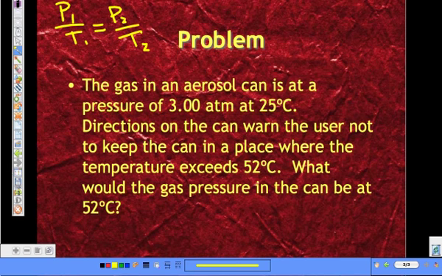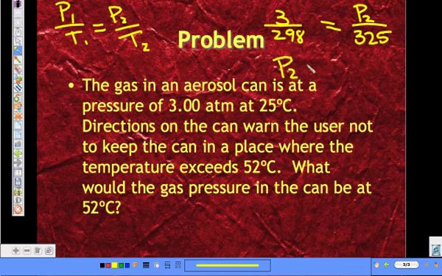So what's our first pressure? And our temperature? 25 degrees Celsius is about room temperature. That's why you'll see it a lot. We're looking for the new pressure, and our temperature would be, so what is our new pressure?